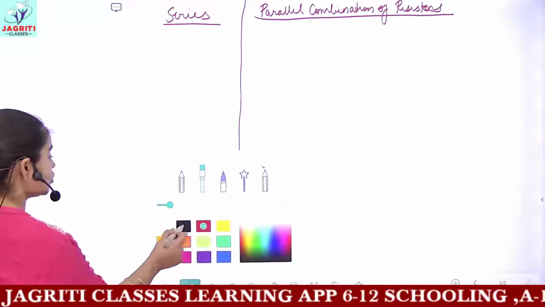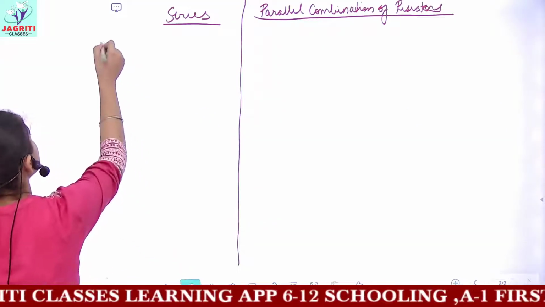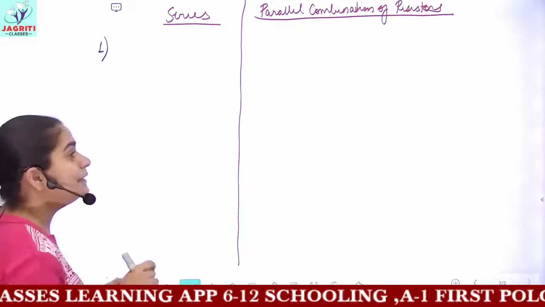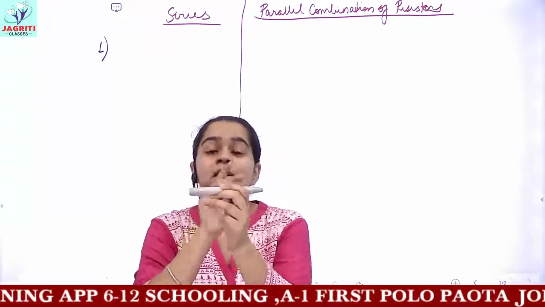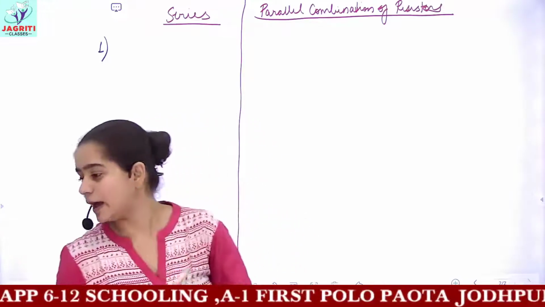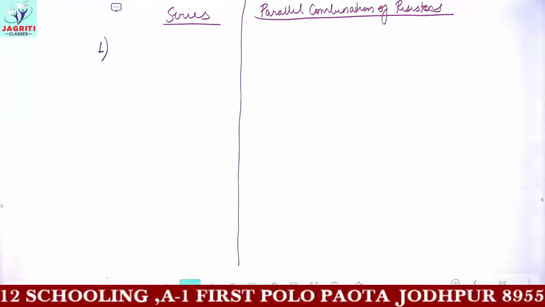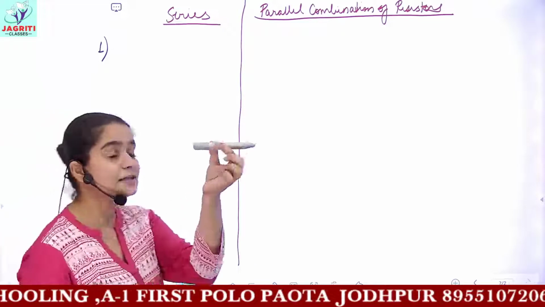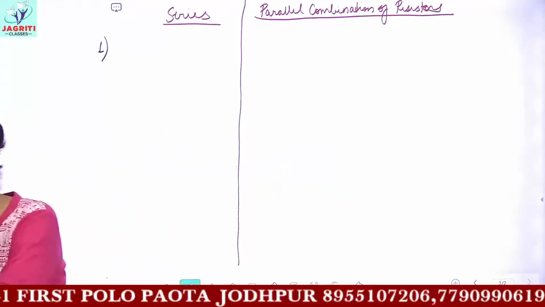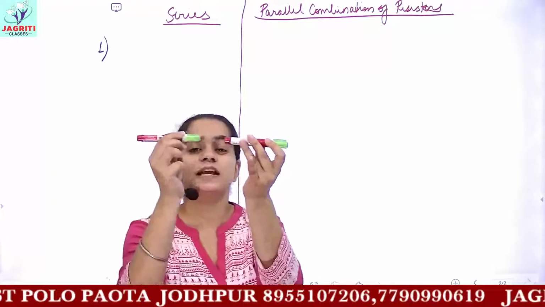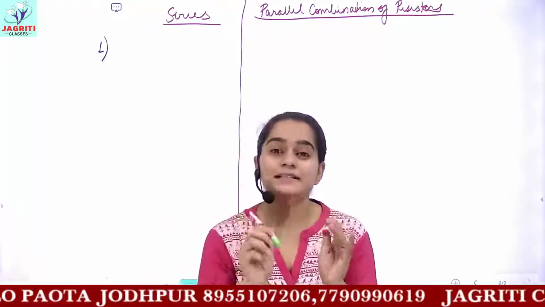So in series combination, the first end of one resistance is connected to the other. Let's suppose this is one resistor and this one is your second resistor. Let's take both the resistors to be the same here. Suppose I gave you two resistors and now I ask you to combine both.